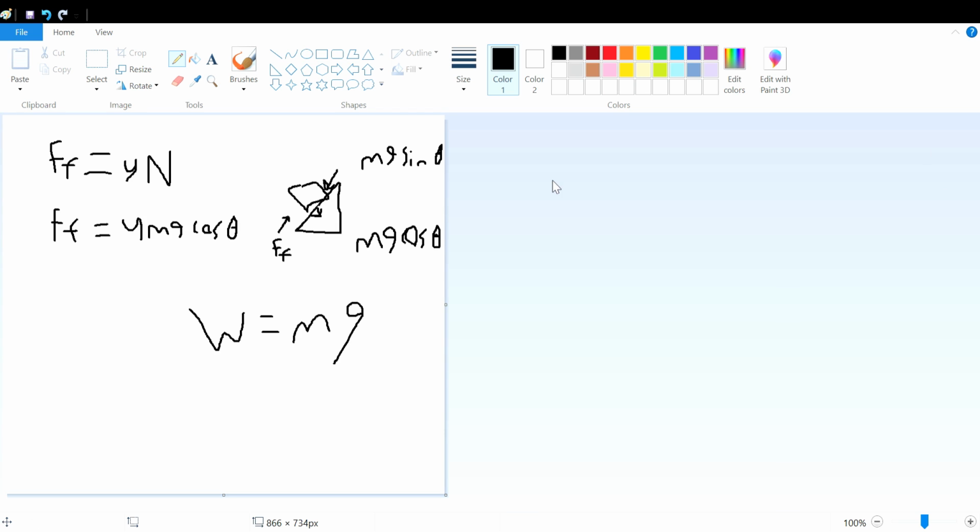And so the normal force exerted by the slope on the object in return is also that.